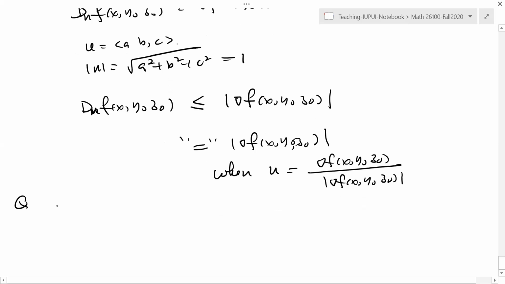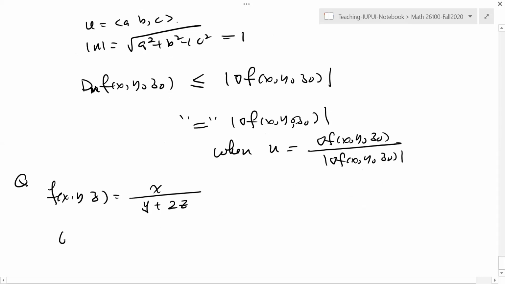So here's f of x, y, z, which is x over y plus 2z.